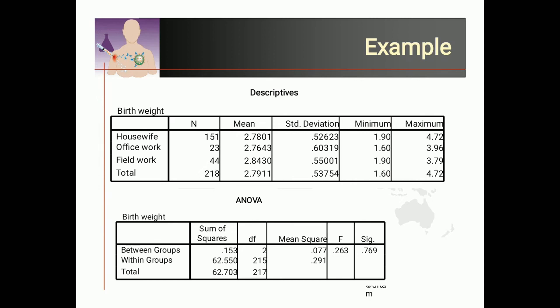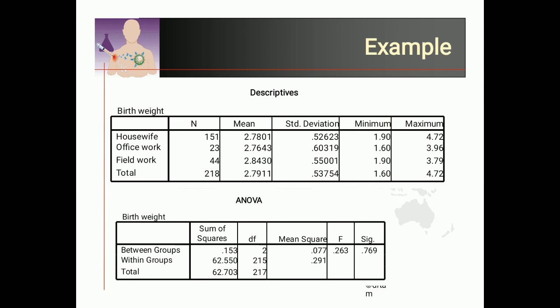The number of objects for housewife is 151, office work is 23, and field work is 44. The total for all three is 218.